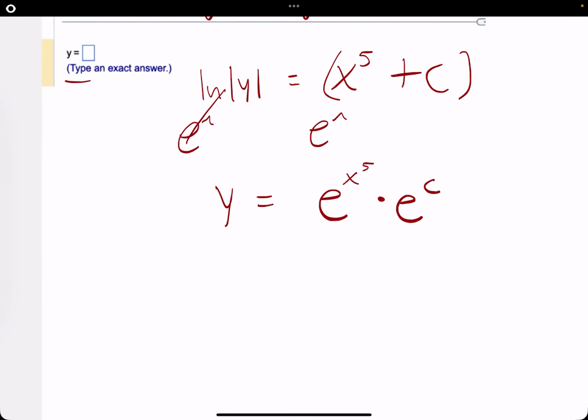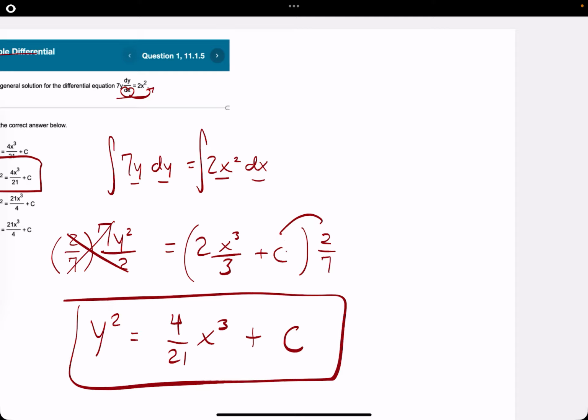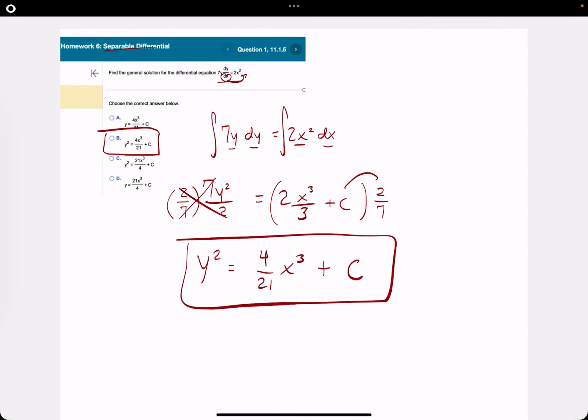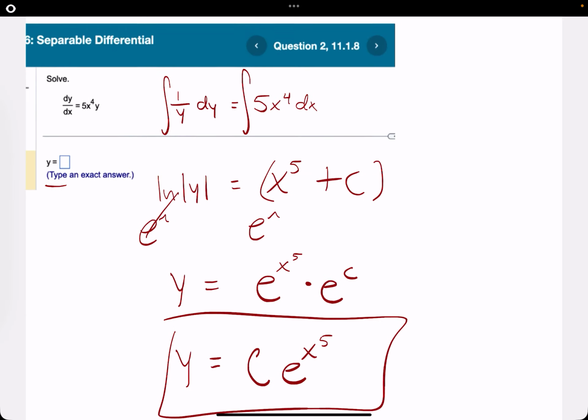Then they'll go a step further and say e to the c is really just another number, just like in the last one where 2/7 times a constant is just another constant. E to the c is just a different constant. So they will call it the new constant c, times e to the x to the 5th. Okay, so this would be our final answer.